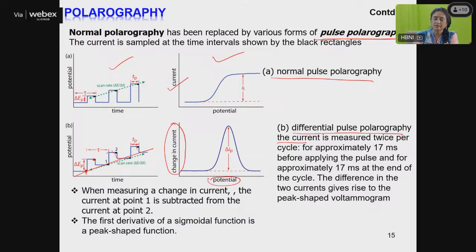Here it is only current versus potential; there it is change in current. So here you will obtain a peak-shaped curve. This one will represent the peak of the curve. Now it is more sensitive and gives a better result, because it is difficult to know the peak point here, whereas it is clear there. So this is the difference.